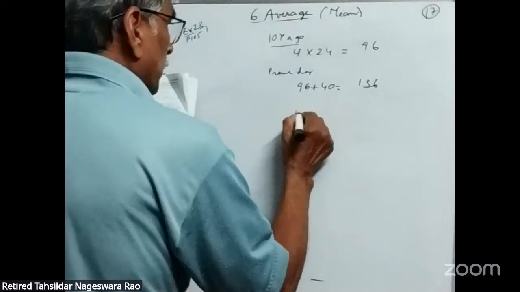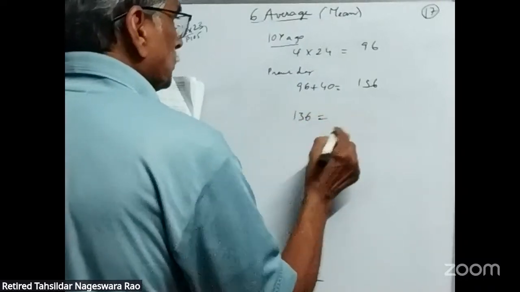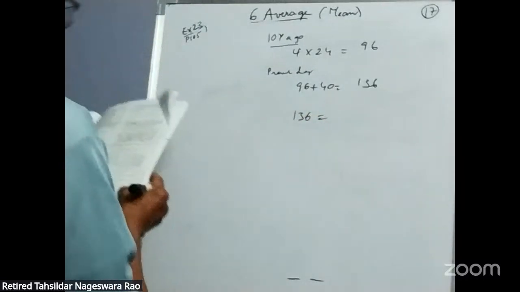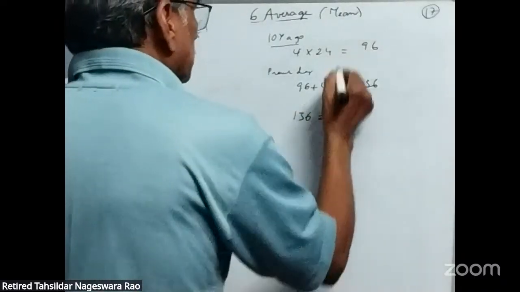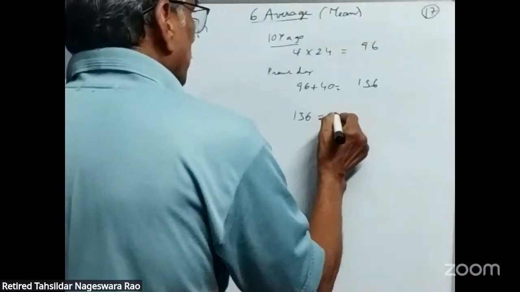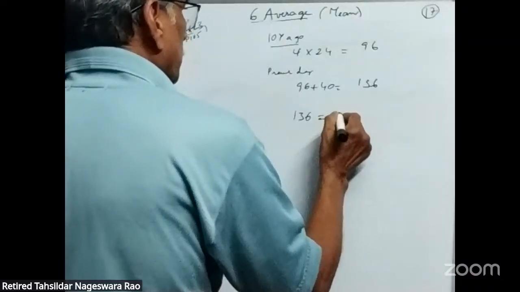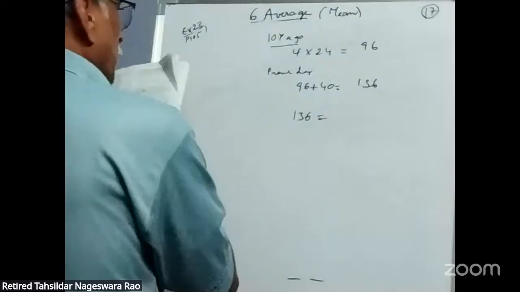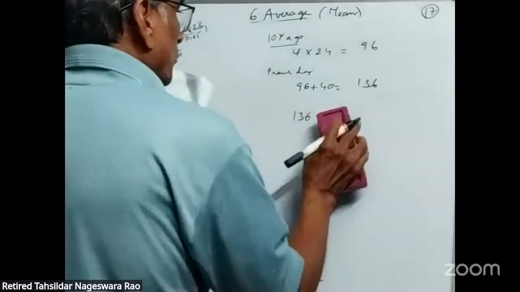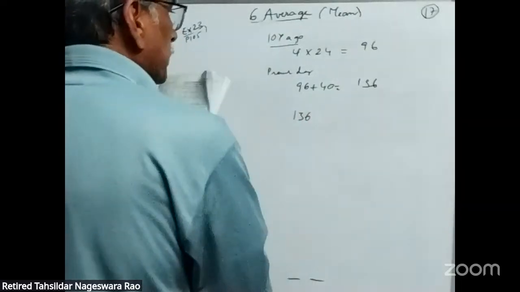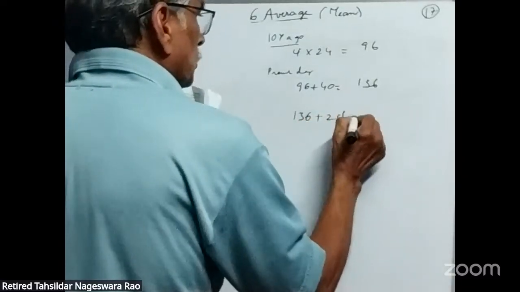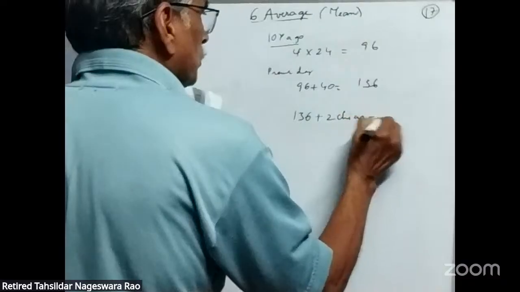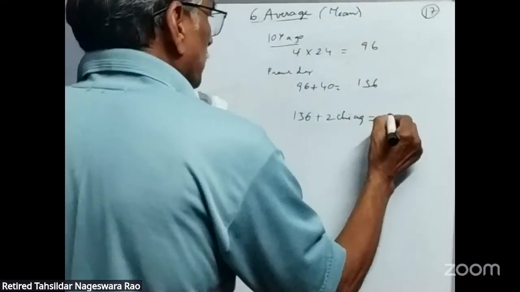That is, 136 plus 2 children's age gives the present total.